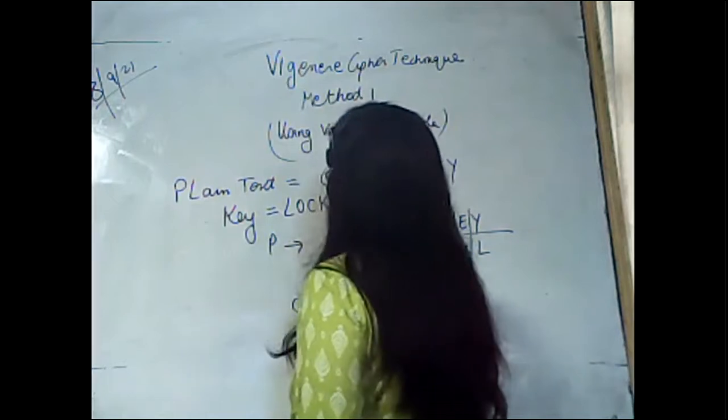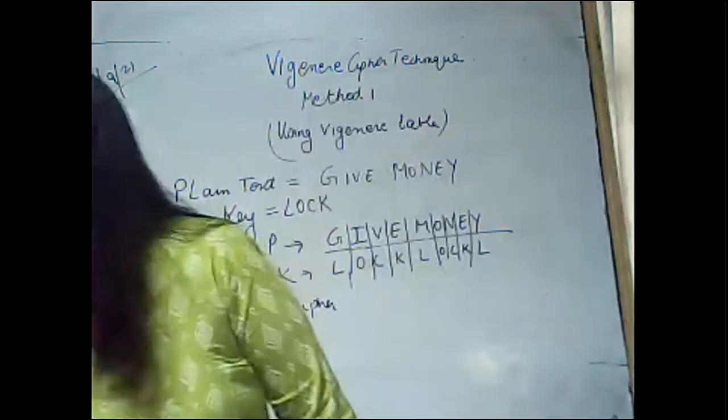So what ciphertext will we be getting here? Corresponding to the plain text and the key part, what ciphertext will I be getting?